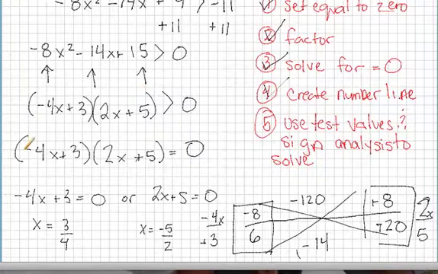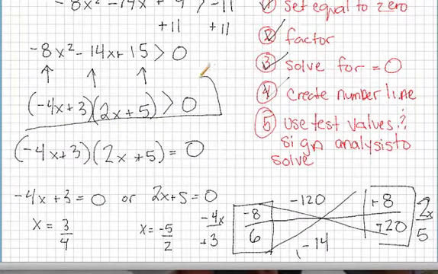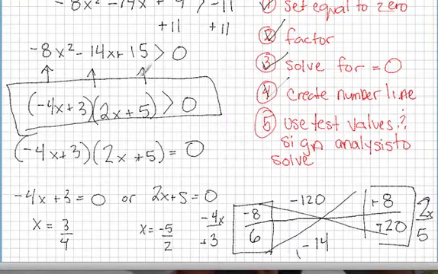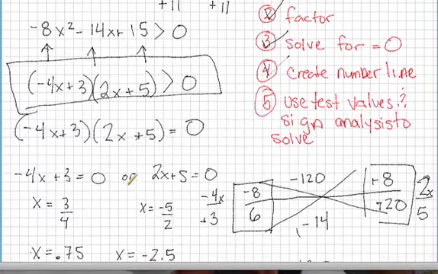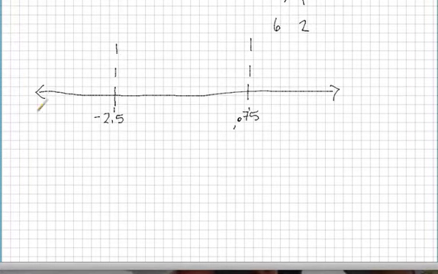That would be this one right here. Let's go ahead and box that. I'm going to plug it into the factored equation and just put the sign of my factors in. So let's give it a shot so you can see what I mean.